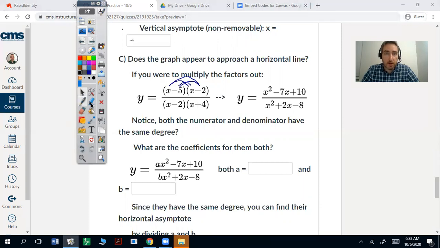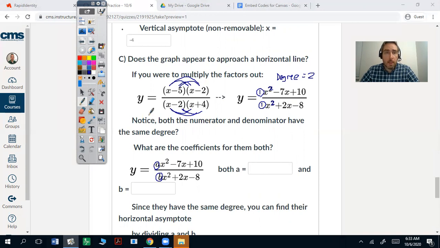And then the denominator, you can do the same thing: x squared, 4x, -2x, -8, and those combine to x squared plus 2x minus 8. Now, if you notice, these are both the same degree, which is 2. And if they're the same degree, then we can actually look at the coefficients for those degrees. And those are both going to be, in this case, 1.